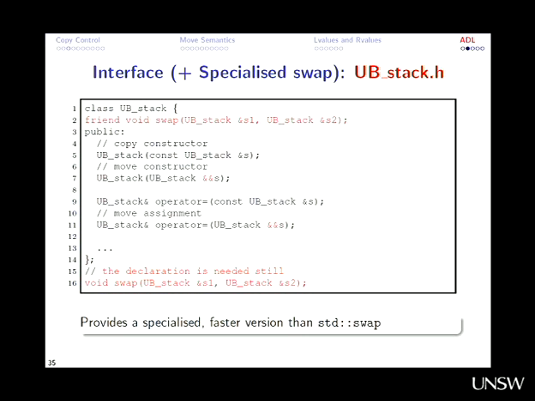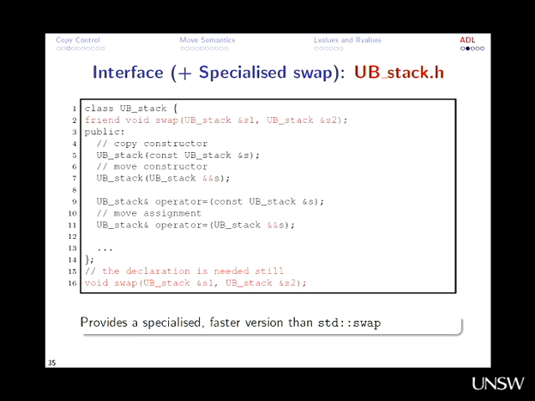Here is ubstack.h here. Okay? Our ubstack.h, let me get it right, okay, has a friend function called swap. Not standard swap, it's got its own function called swap. And swap takes in 2 L value references, so 2 normal references, to 2 stacks, and we're going to swap these stacks, okay?